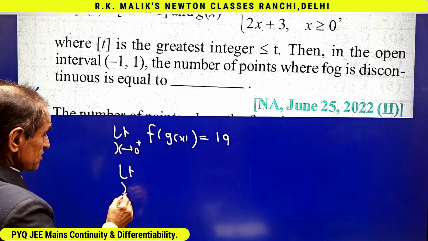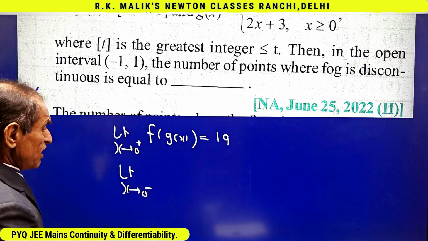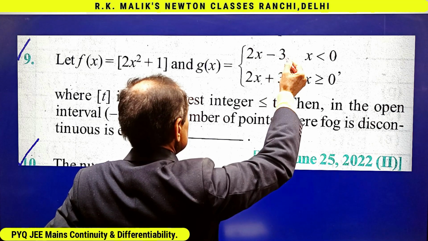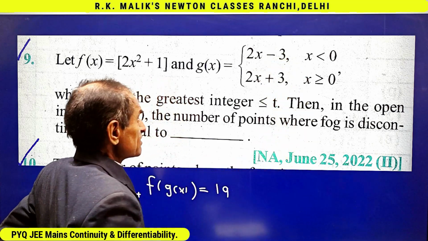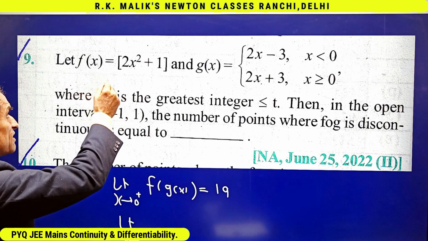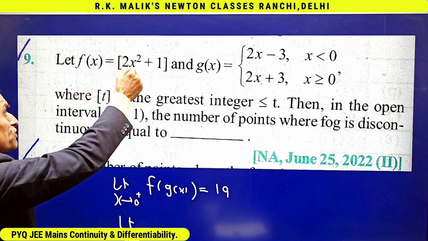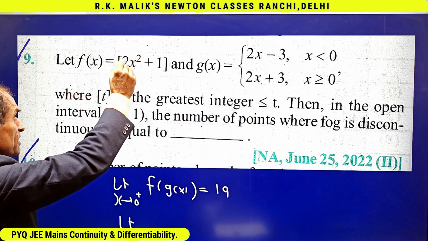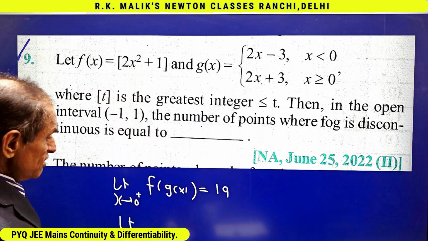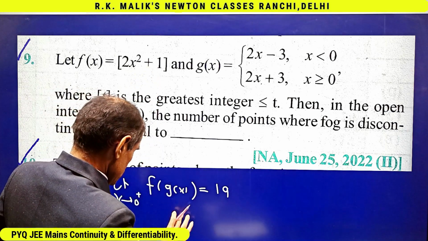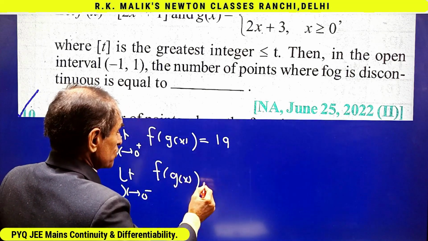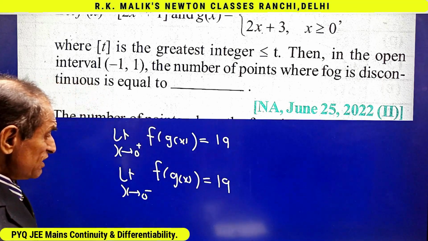Similarly, when x is slightly less than 0, the value of g(x) will be slightly less than -3, and the value of this will be slightly more than 18. Hence the value of this will be 19. Therefore, in this case also, f∘g(x) will be 19.